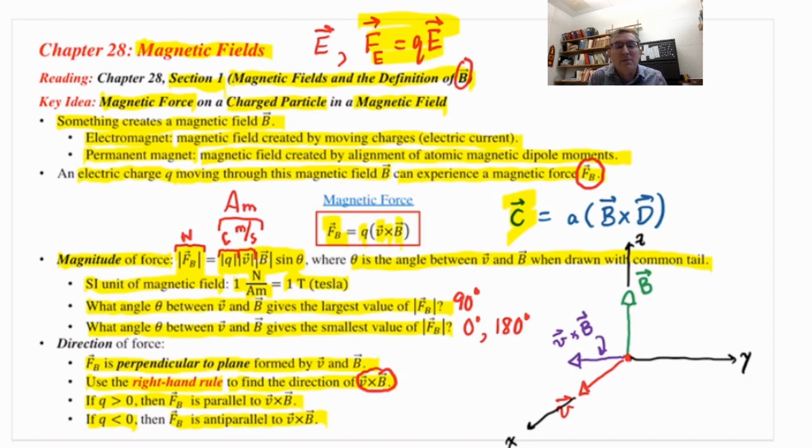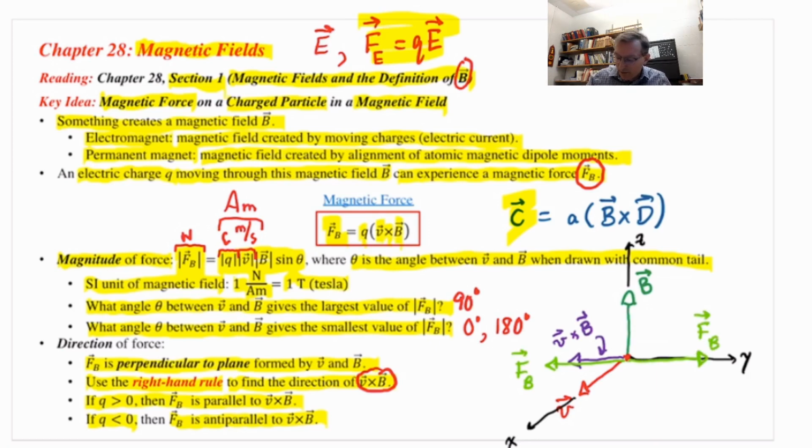If that particle's Q is positive, then F magnetic is the same direction as V cross B. And if that particle's Q is negative, then the F magnetic is exactly opposite to V cross B. So, if the particle's charge is positive, F magnetic is parallel to V cross B. If the particle's charge is negative, F magnetic is exactly opposite to V cross B.